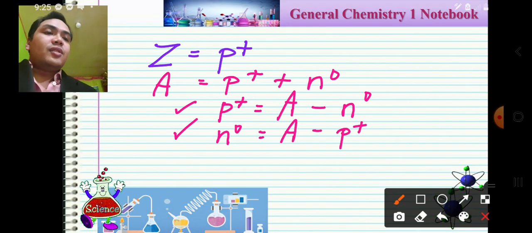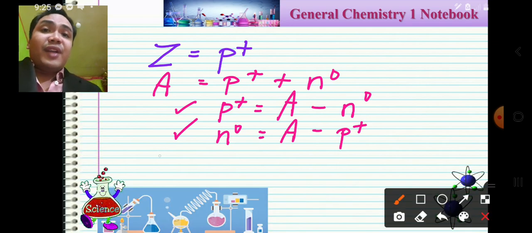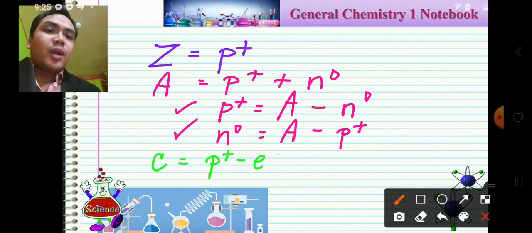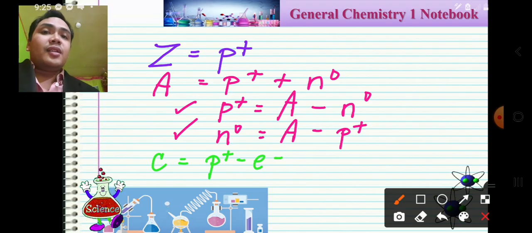For the last one, for the charge of an ion, the charge is always equal to the number of protons minus the number of electrons. These are some of the few formulas that you can use in our example.